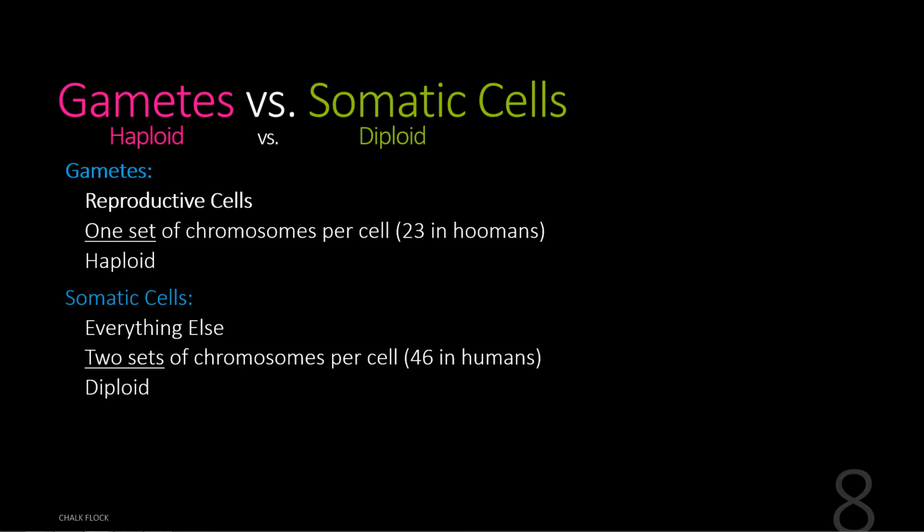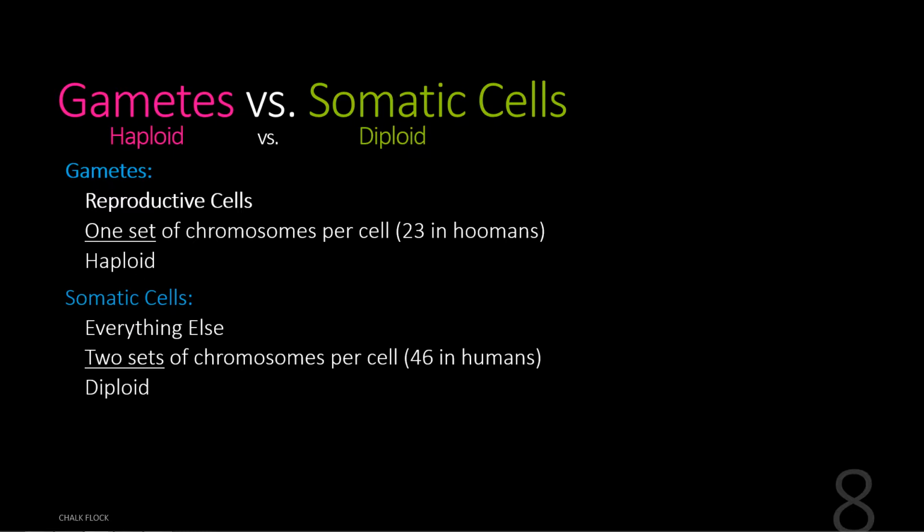Gametes are reproductive cells. These are normally the cells that go out and turn into a baby, like sperm from a male or an egg from a female. Those are both gametes.